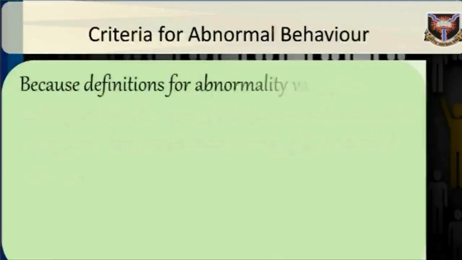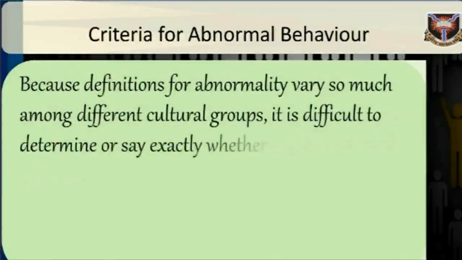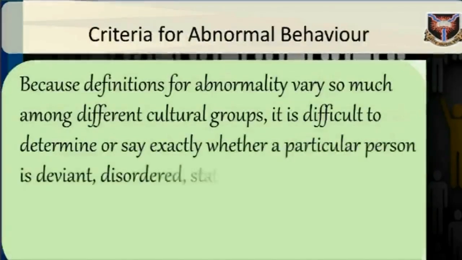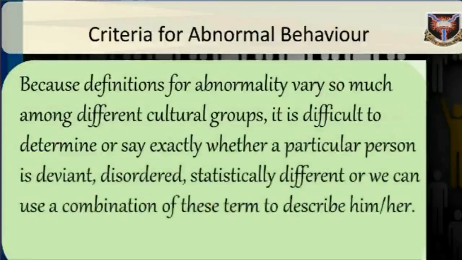Criteria for abnormal behavior. Because definitions of abnormality vary so much among different cultural groups, it is difficult to say exactly whether a particular person is defiant, disordered, statistically different, or whether we can use a combination of these terms to describe him or her.